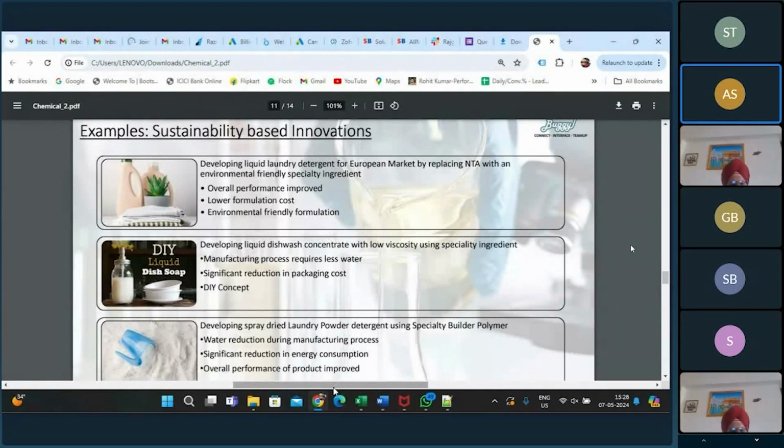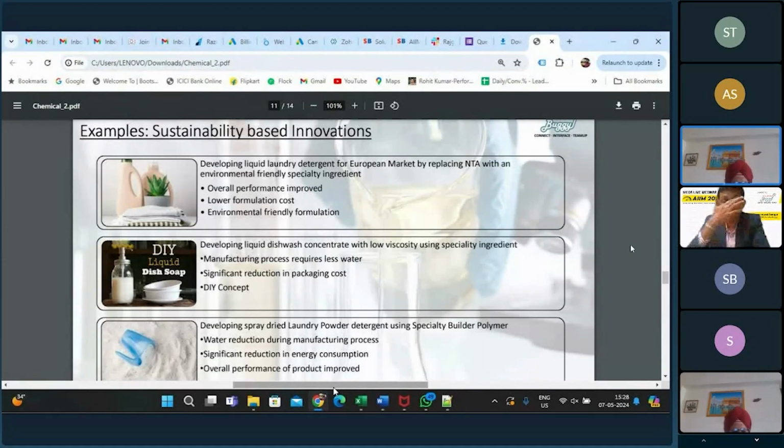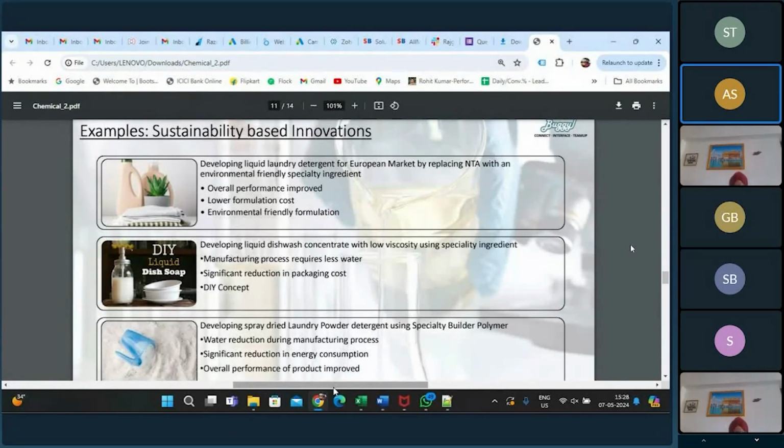If you have to make tons of dishwash liquid, how much water will be consumed? If we can make a concentrate, then that level of moisture can be reduced to a very large extent. So the manufacturing process requires less water, with a significant reduction in the packaging cost. So this is also a sustainability concept that we have.